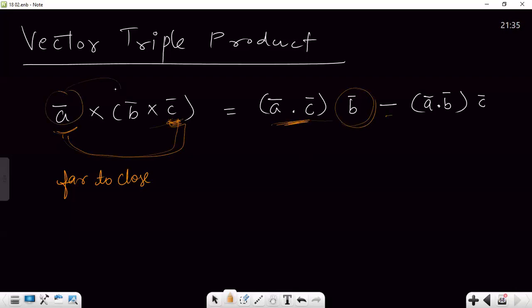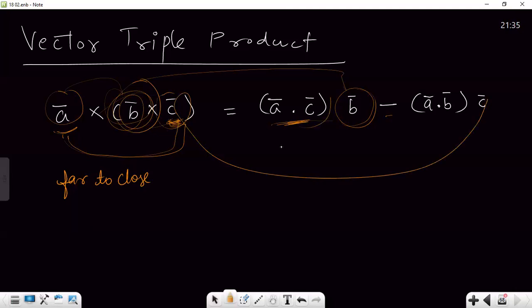Then we'll go to the close. So this is how I remembered. You can also use this technique to memorize the formula. Or you may also learn it by first writing B vector here and then C vector, and the dot product of the remaining two. This can also be one trick. You do it as you are comfortable.